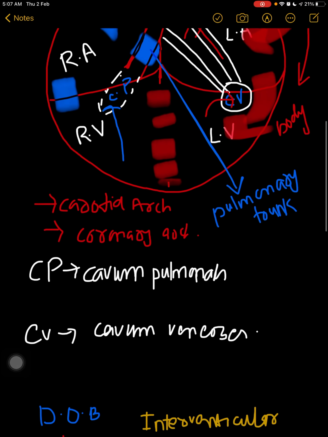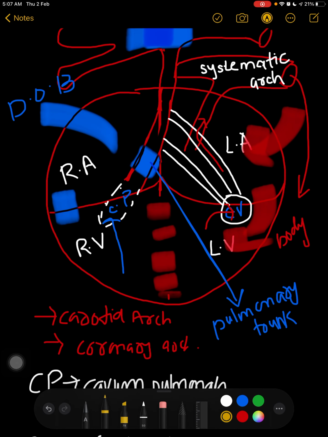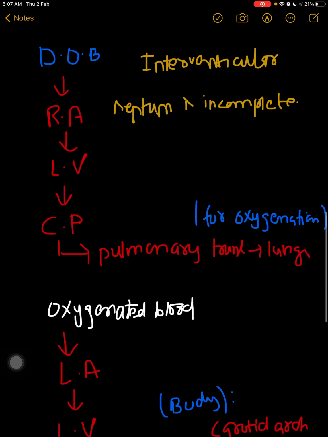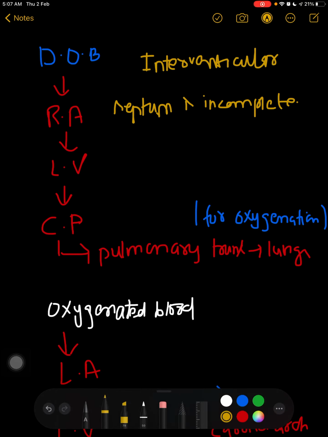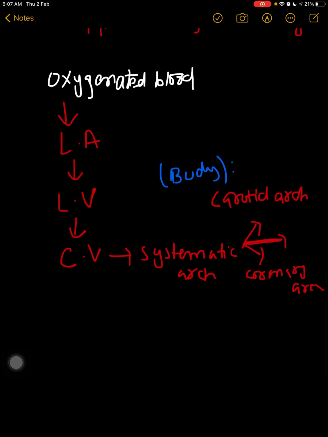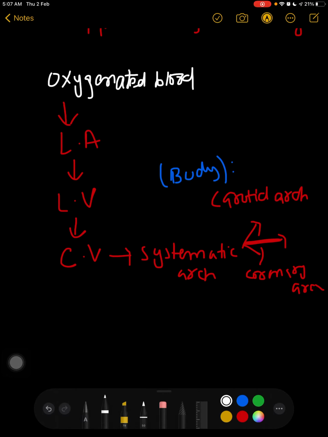Like as you can see over here, it is not completely made. So what will happen here? Mixing of blood will take place. The blood will be mixed. So when the blood will come to left ventricle, before moving to cavum pulmonalis, there will be mixing. Right? And here, before moving to cavum venosus, there will be mixing.